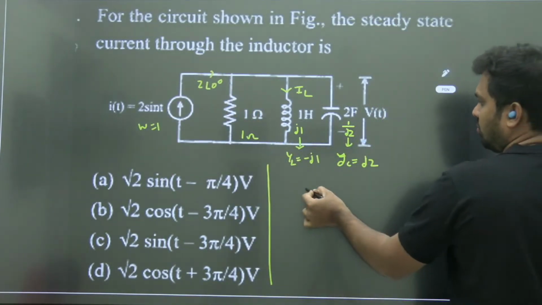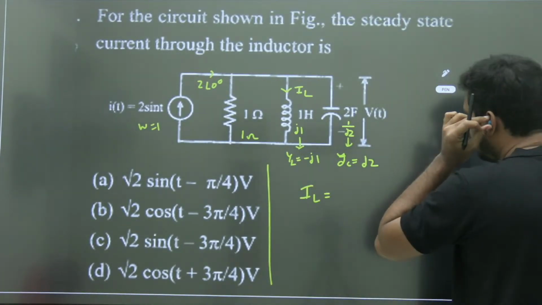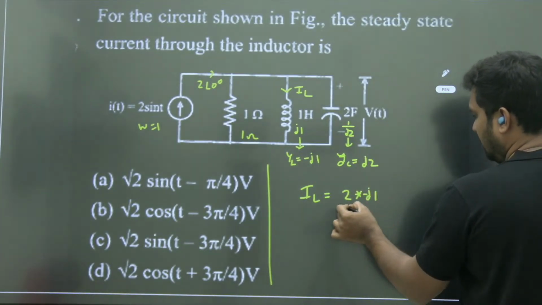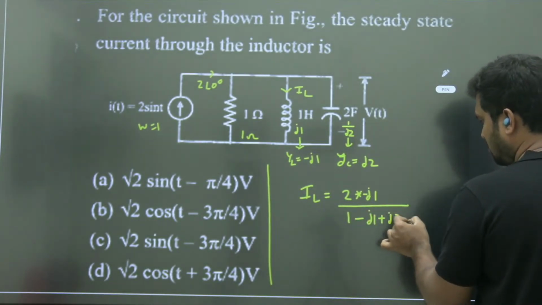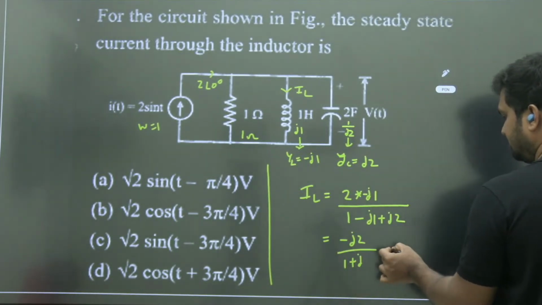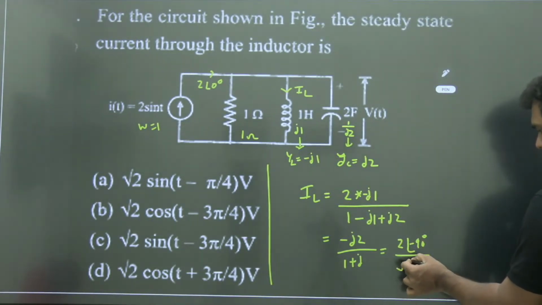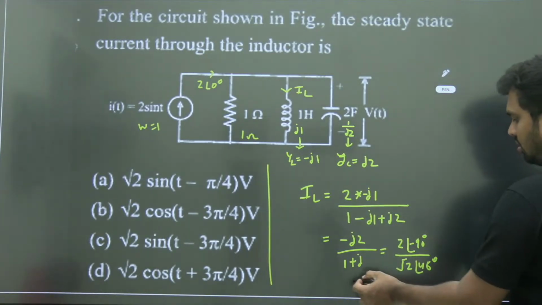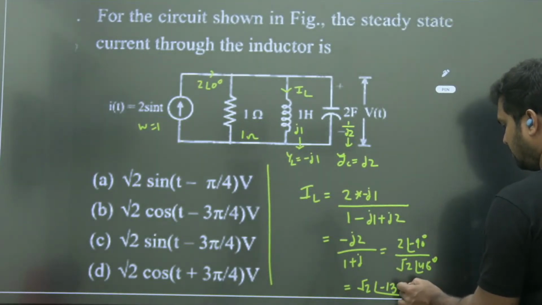Then what is the current in the inductor? Direct formula: total current times that particular admittance by total admittance, 1 minus j1 plus j2. So 2 times minus j1 over 1 plus j1, which is 2 angle minus 90 degrees by root 2 angle 45 degrees. So 2 by root 2 is root 2 angle minus 135 degrees.